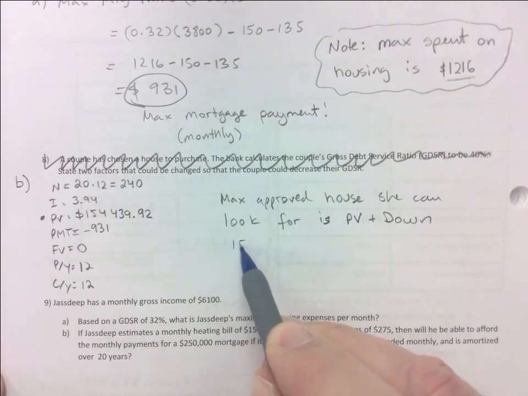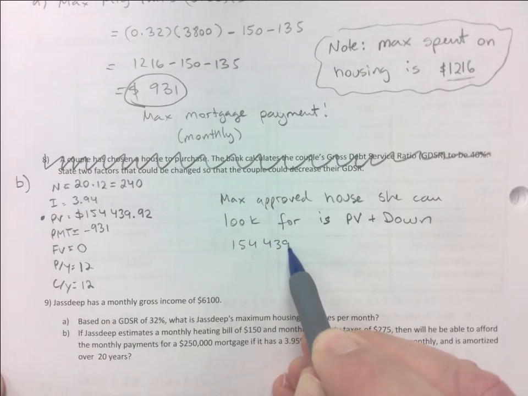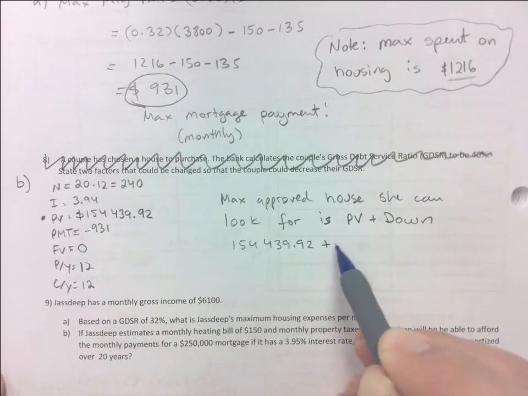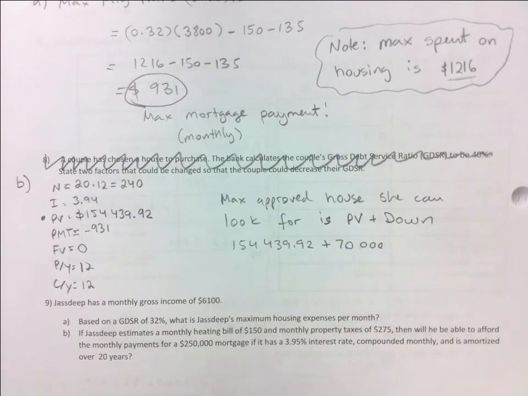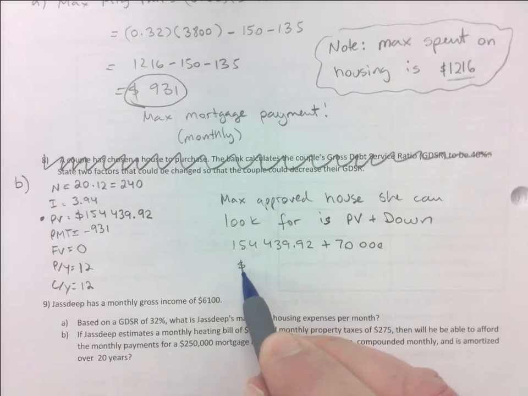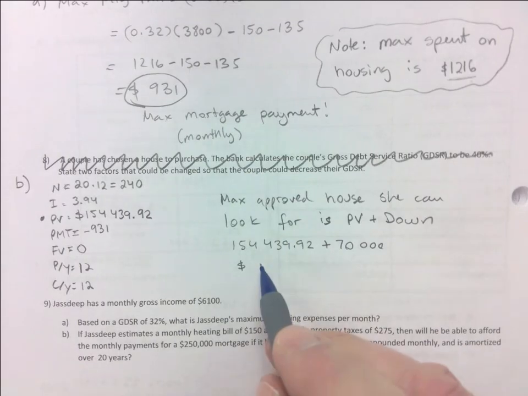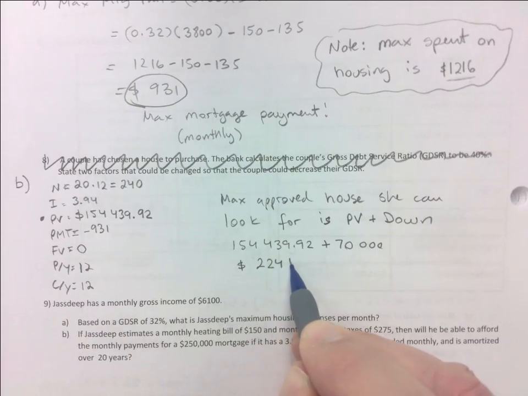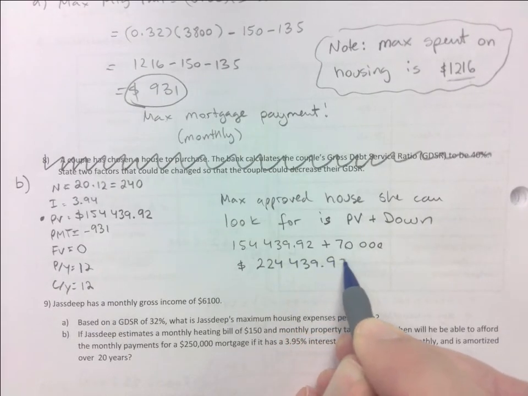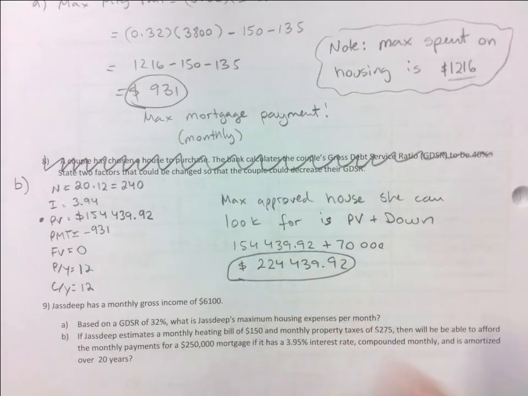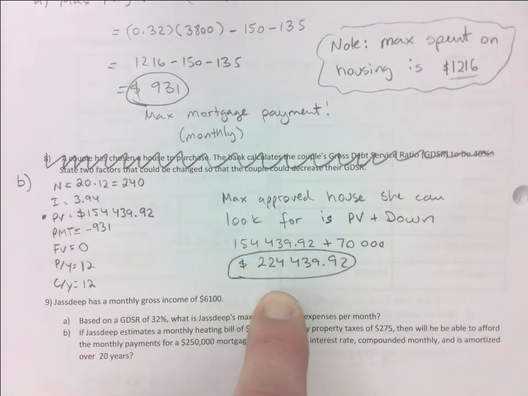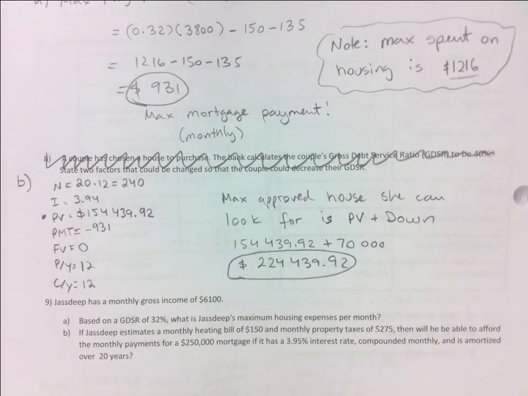So technically, the bank will give her this much money, but because of the down payment she has, she can look for a house that is more expensive. $70,000 more than that. Okay. So technically, she will be approved. She can look for a house that's $224,000 in this scenario, right?